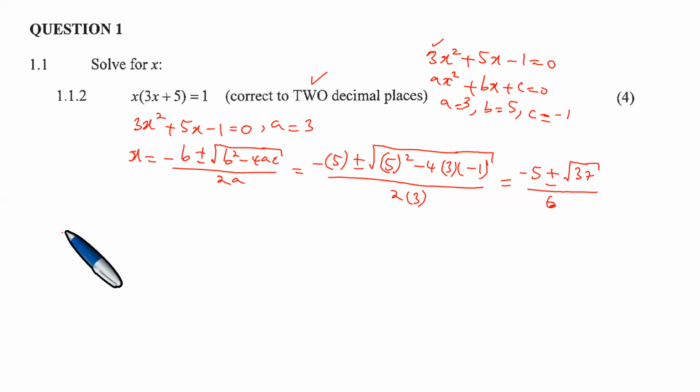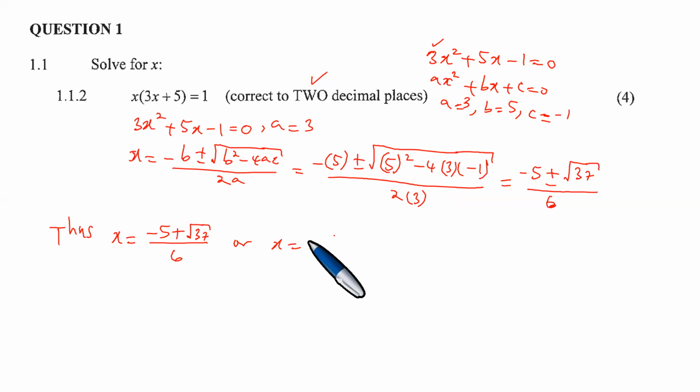And so we are able to see that the answers are as follows. What is x? X is exactly minus 5 plus the square root of 37, divided by 6, or x is minus 5 minus the square root of 37 divided by 6.